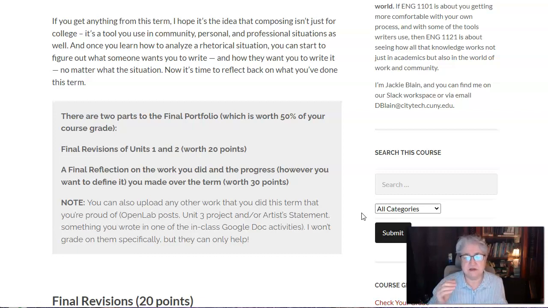What this means in practical terms is, if your revision is really good, I will go back and put that grade from 1 to 10 with the right numbers in the Open Lab gradebook. For example, if you got a 3.5 on the portrait, it's like a 7, so you double it to make it 10.